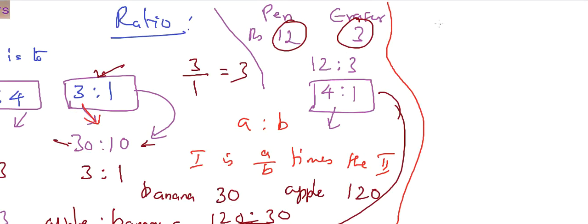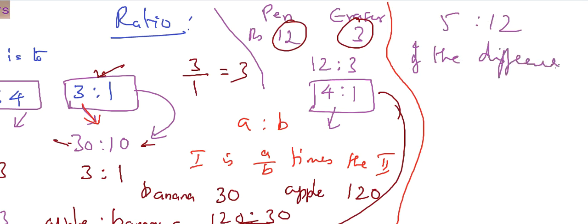So let's say two numbers are in the ratio 5:12. And if the difference between these two numbers is 21, find the numbers.